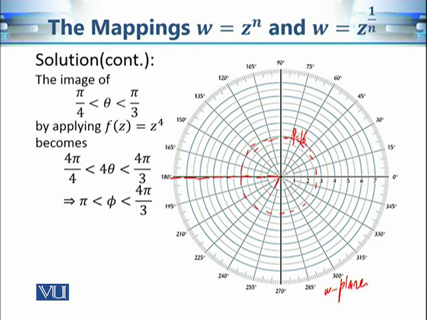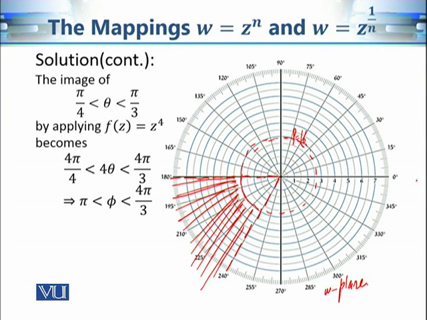So in other words, our image lies between these two rays, but they are also outside this circle of radius 16. So the images are going to be these complex numbers, outside this region. So this is the image under this map z raised to power 4 of the set A.